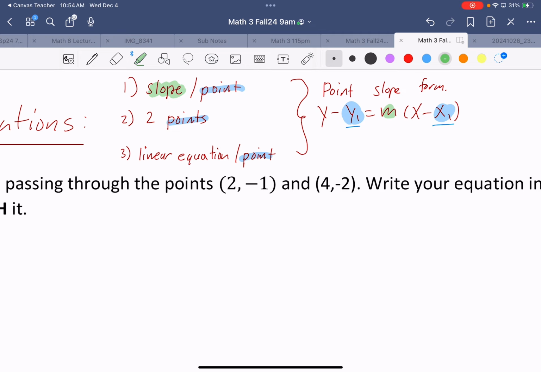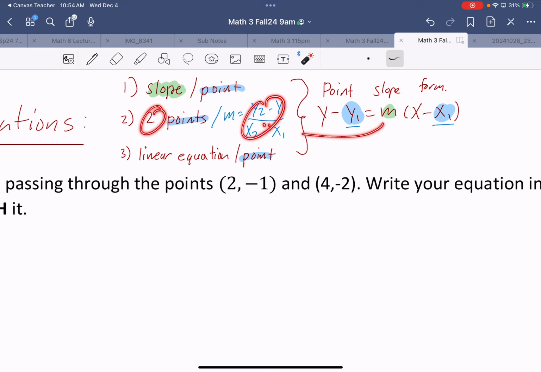Now in the other 2 cases, you need to try to get your slope, right? So in case 2, you have to use the slope formula, which is like where the difference quotient comes from. So the slope formula helps you use the 2 points to find your slope, right? Which we use a few times to find the slope between 2 points.